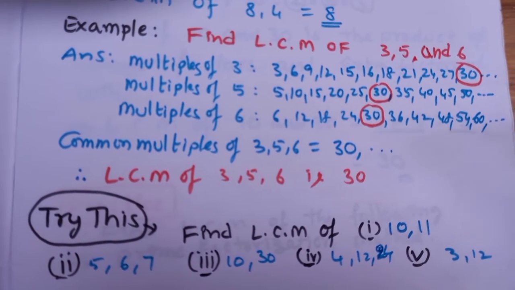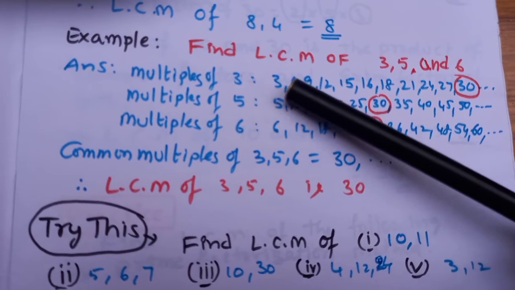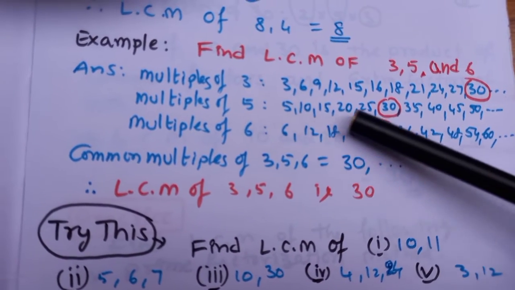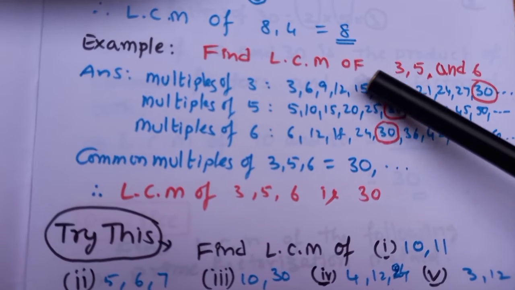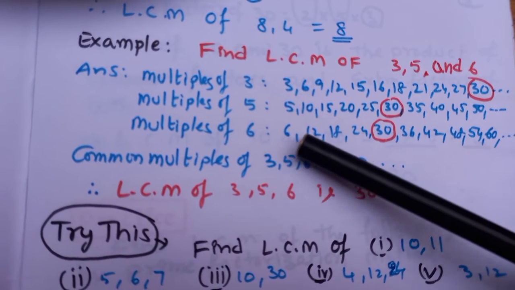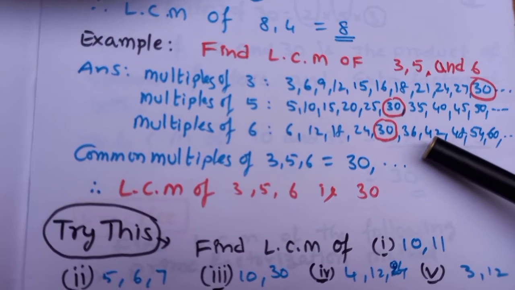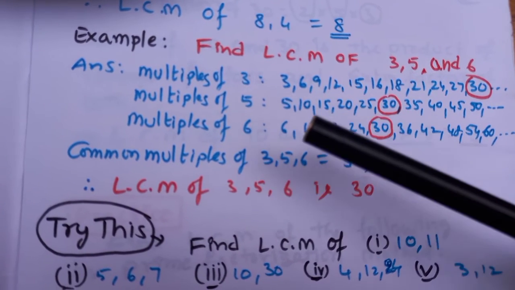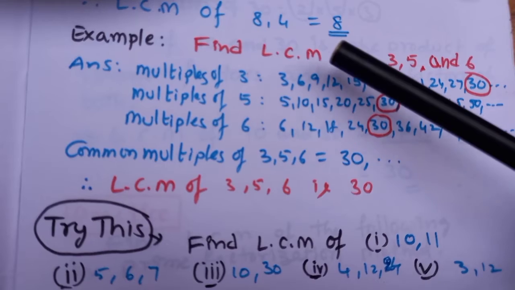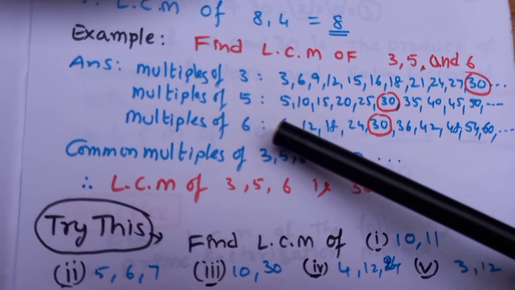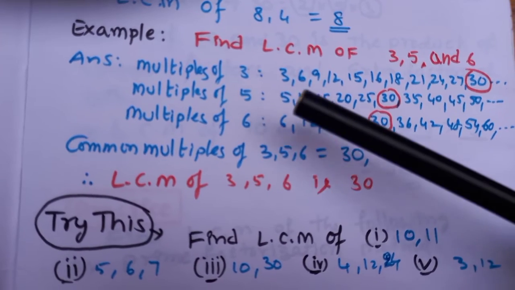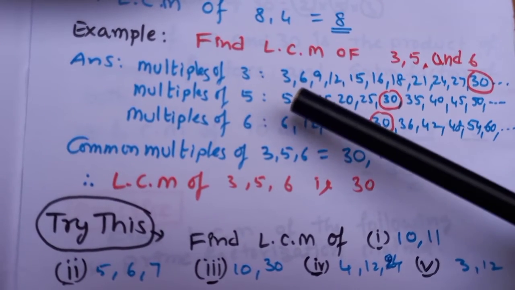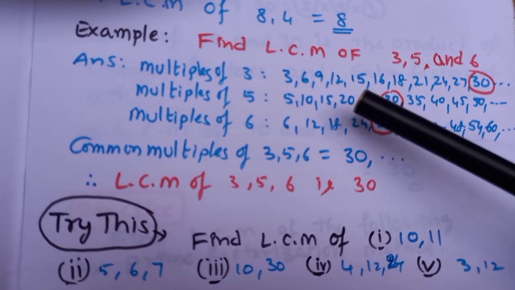For example, in the multiples of 3 and multiples of 5, here 15 is common but not in the multiples of 6. Next, comparing 3 and 6, 6 is common, 12 is common, but those numbers are not in the multiples of 5.